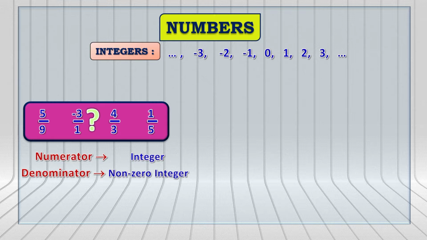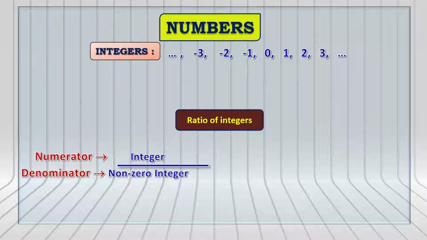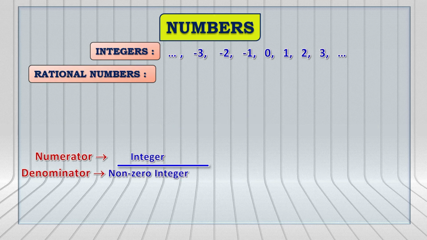So you know about fractions, right? In a fraction, we can't divide any number by 0. In the numerator we can write 0, but in the denominator we cannot write 0. So if we take a ratio of an integer in the numerator and a non-zero integer in the denominator, these are called rational numbers.